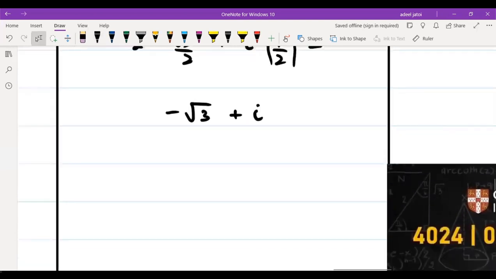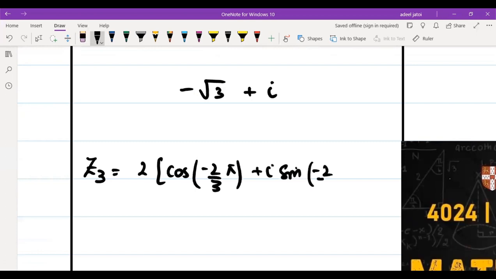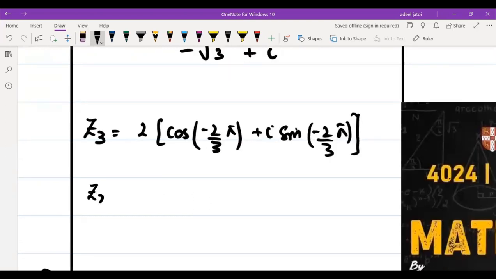In the same way, for Z3 we have 2 cos negative 2 upon 3 pi plus iota sine negative 2 upon 3 pi. So the answer for this: cos negative 2 upon 3 pi is negative 1 upon 2, plus iota sine negative 2 upon 3 pi is negative under root 3 upon 2.